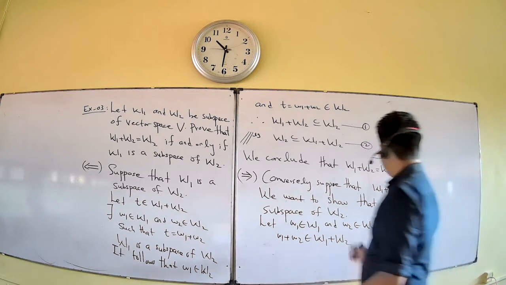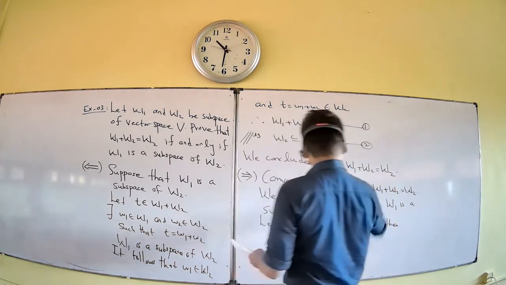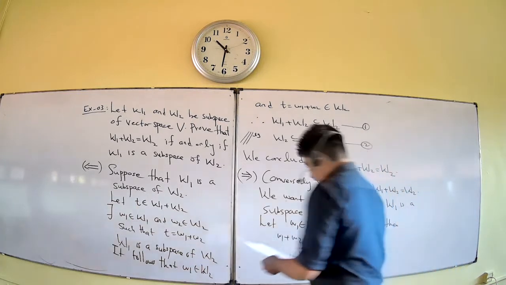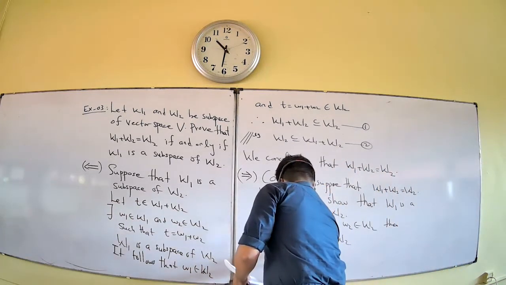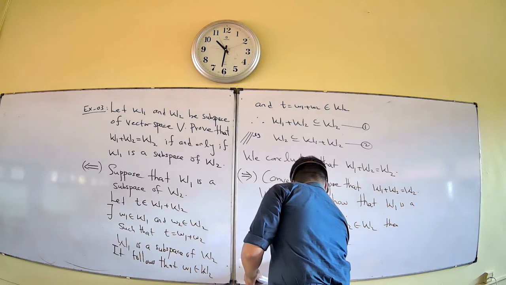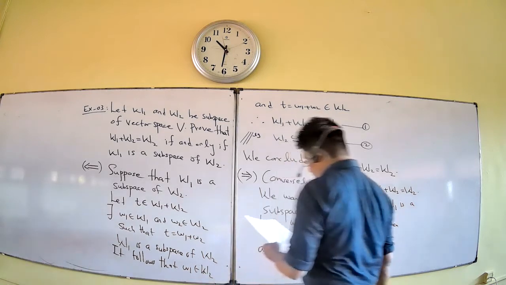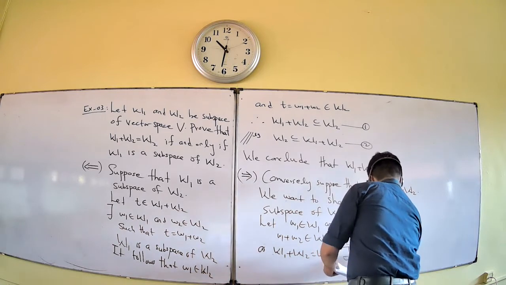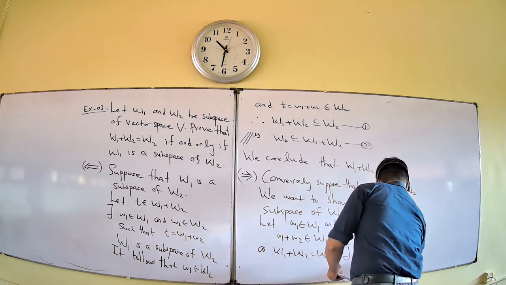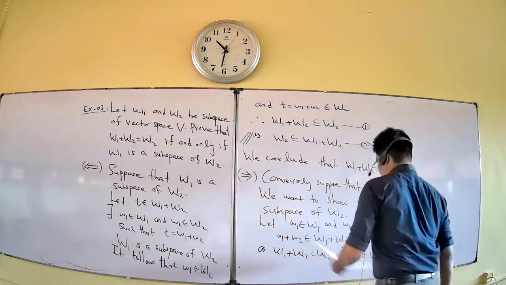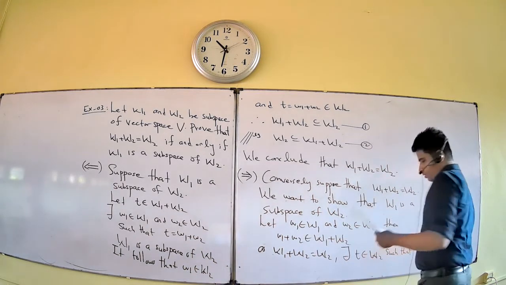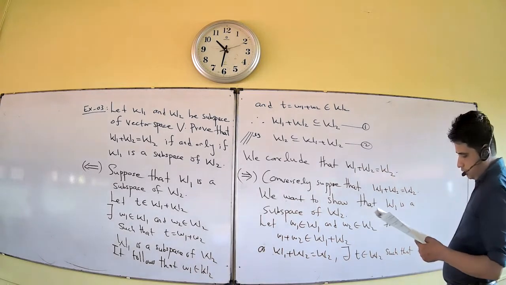We have here our assumption that W1 plus W2 is equal to W2, no? Therefore, as W1 plus W2 equals W2, there exists t belonging to W2 such that we can write t equals w1 plus w2.